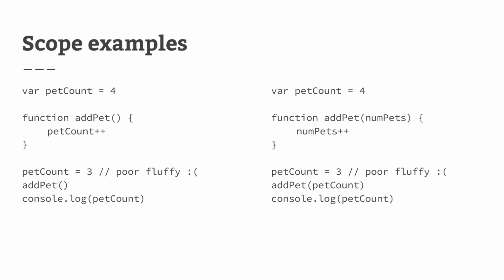Now, this is another lecture, which we'll get to sometime. What data type is petCount? It's a number. Not a trick question. Numbers are immutable, which means there is no way for me to change this number by doing a dot push or anything else.